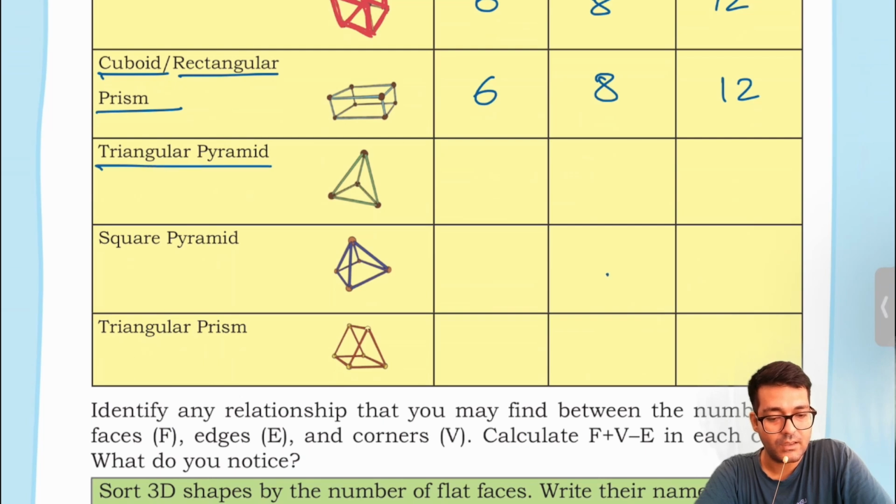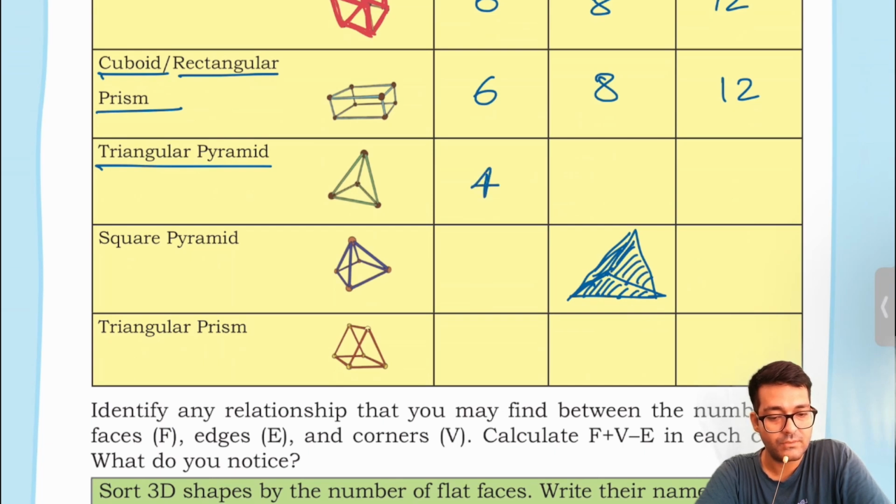Triangular pyramid. In a triangular pyramid, you will note that there are 4 faces, one at the bottom and 3 sharing its edges, one in front and 2 sideways.